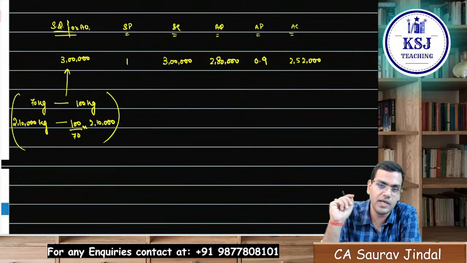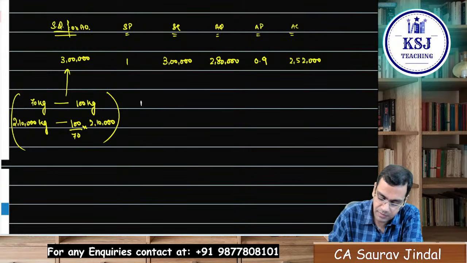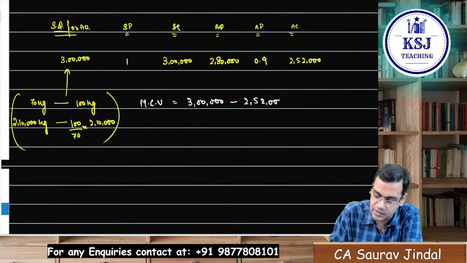From here now you can calculate easily the cost variance, price variance. What will be the material cost variance? That is standard cost 3 lakh minus actual cost 2,52,000, that is 48,000 favorable. What will be the material price variance?